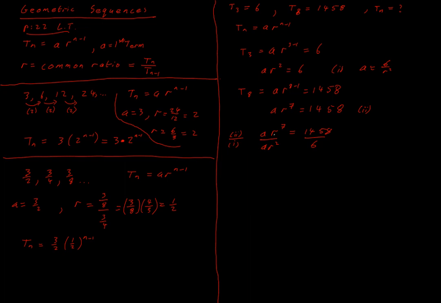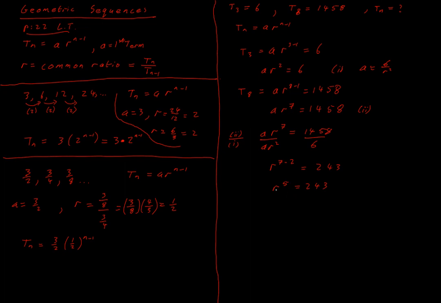So I'll be left with r to the power of 7 divided by r to the power of 2. Subtract the powers and I end up with r to the power of 7 minus 2. 1458 divided by 6 is 243. r to the power of 5 is equal to 243.